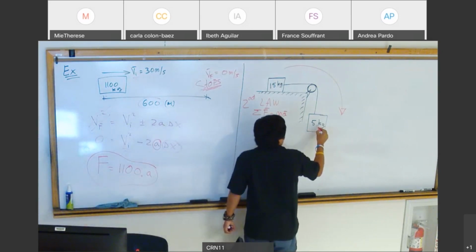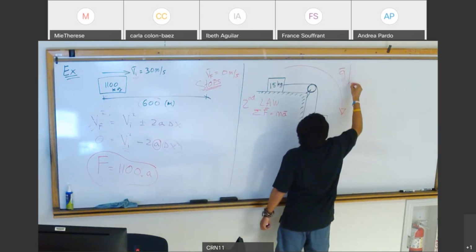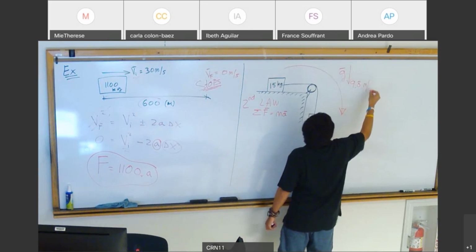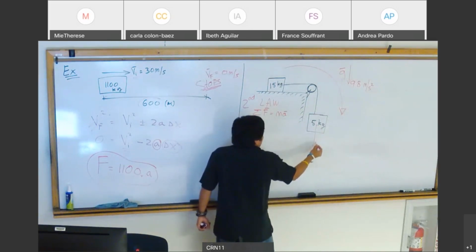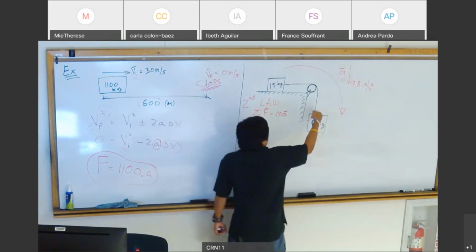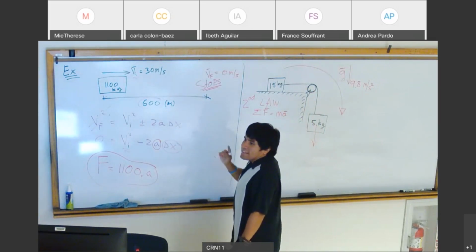For 5 kilograms, let's not forget this, there is what? The weight, but there is a rope. Whenever they give you a rope, guys, there is tension.